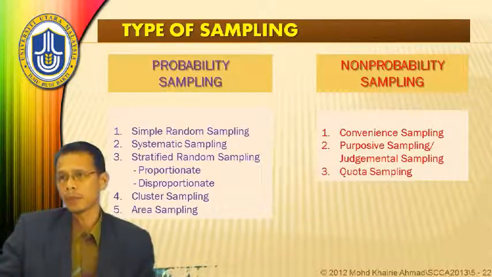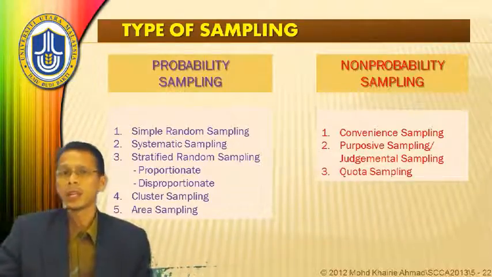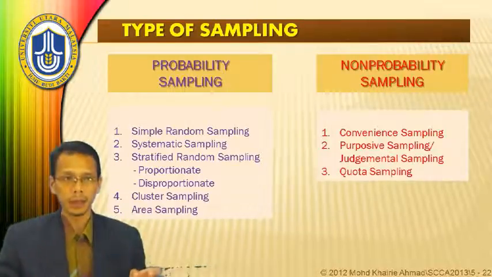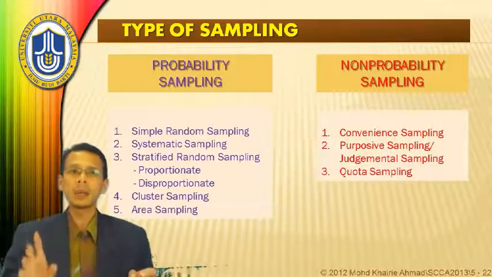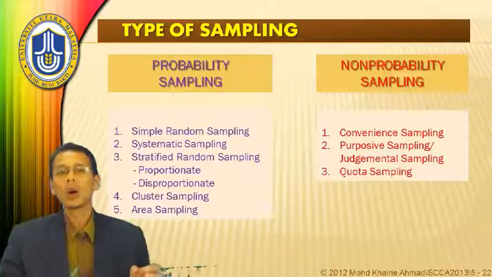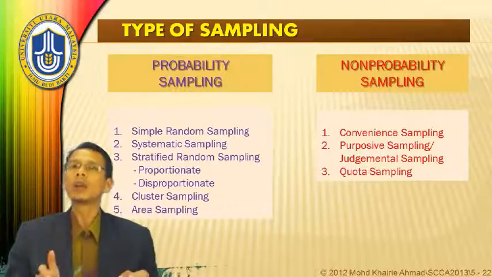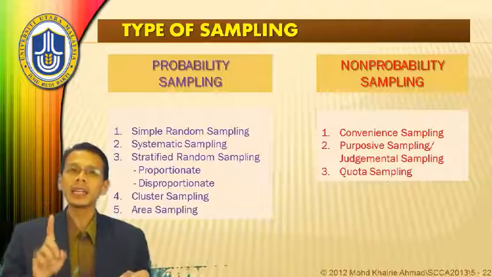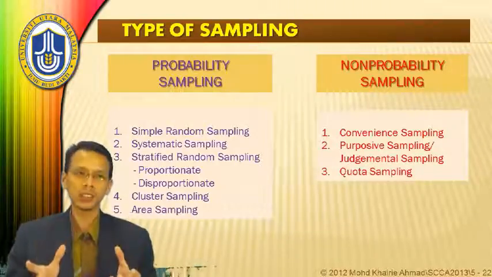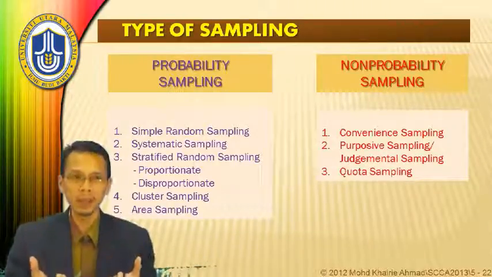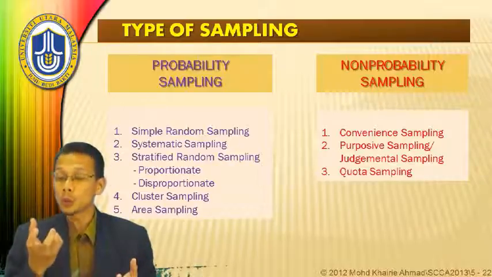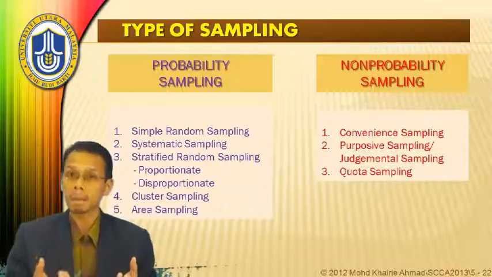And the third type of non-probability sampling is what we call quota sampling. Quota sampling means that we will first identify how many people we want to be chosen as a sample.